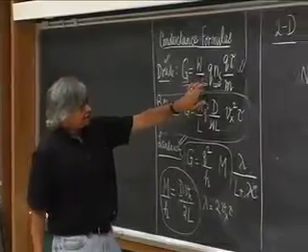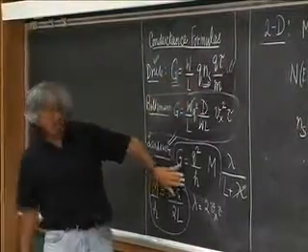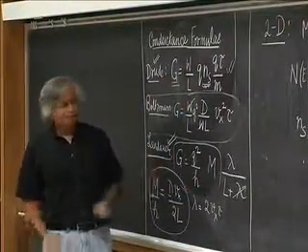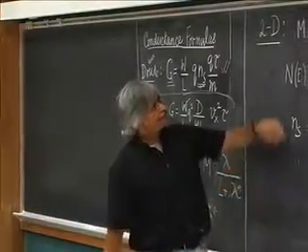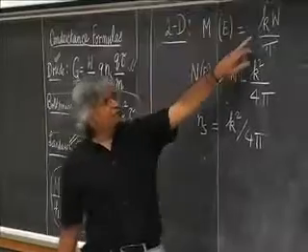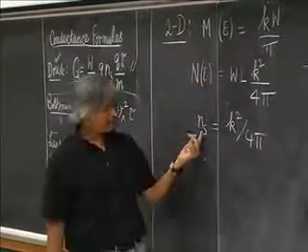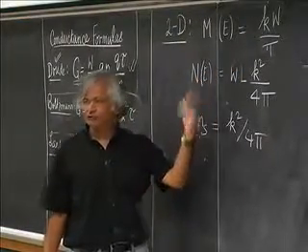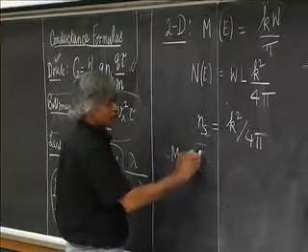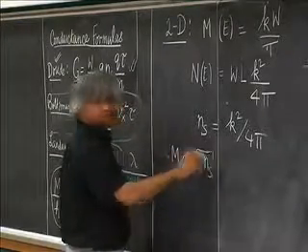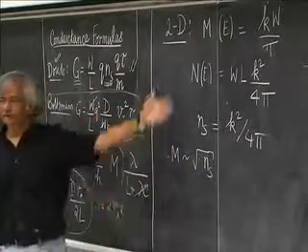On the other hand, if you believe this formula, then the way you might want to interpret your data would be like this. You see, m is proportional to k, whereas ns is proportional to k square. So what you can easily show is that m is proportional to square root of ns. That's easy enough to see.